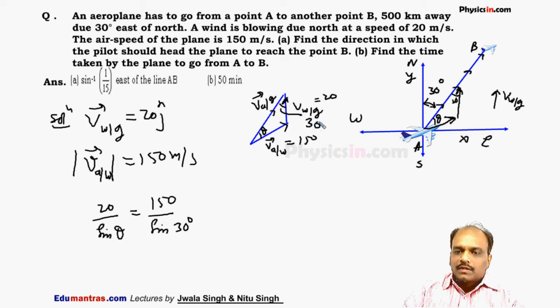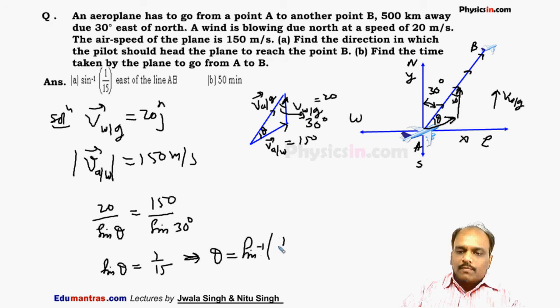So from here we get sine theta equal to 1 by 15. So the aeroplane is moving at an angle theta, equal to sine inverse of 1 by 15, in the eastward direction from this line AB.